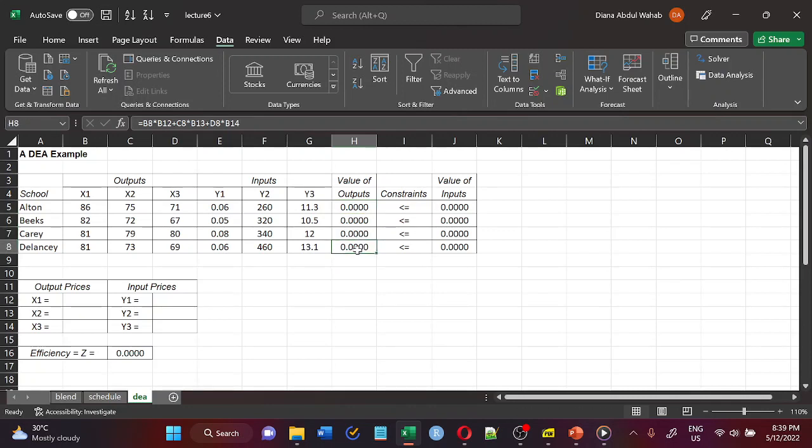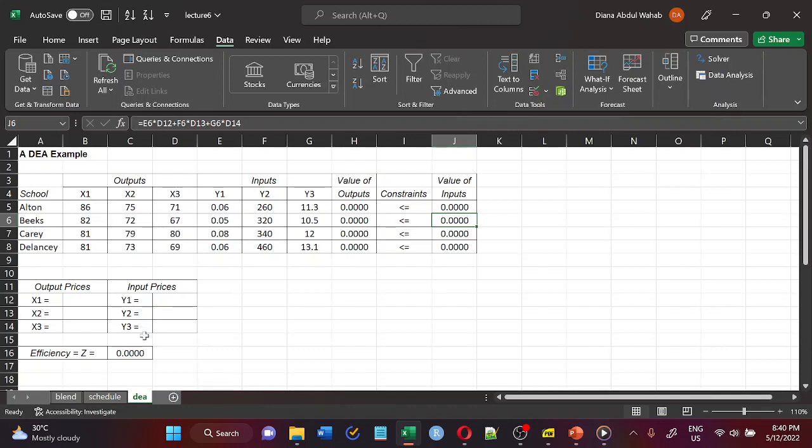Each of these is the output price multiplied with the outputs of the first school, and this is the output price multiplied with the second school, and so on. And for the value of inputs, this is each of the inputs for each school multiplied with the input prices.